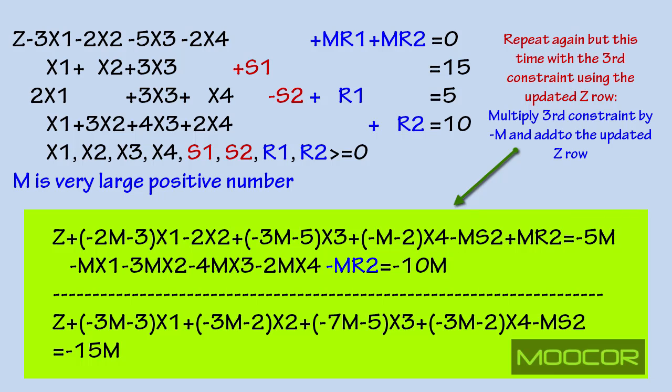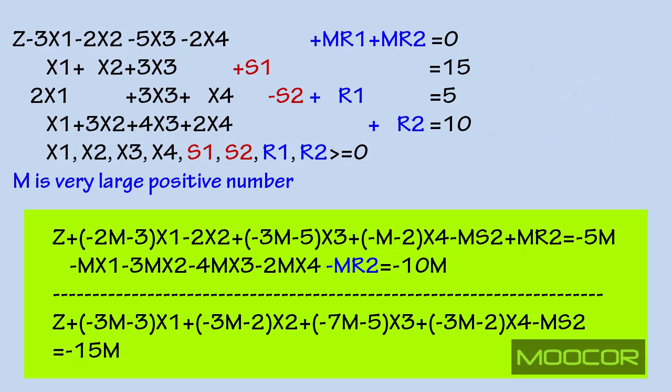Notice that the final form of the objective function row does not include any R1 and R2. Thus, this objective function row will allow me to introduce S1, R1, and R2 as basic variables into the first tableau of the simplex method.